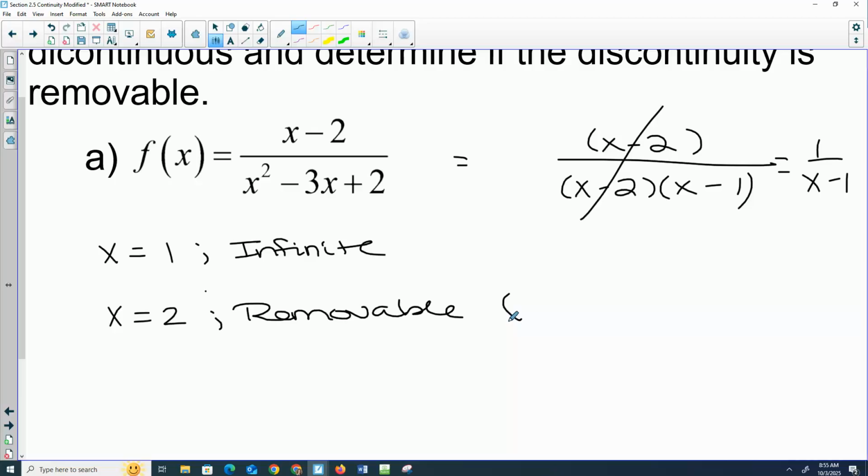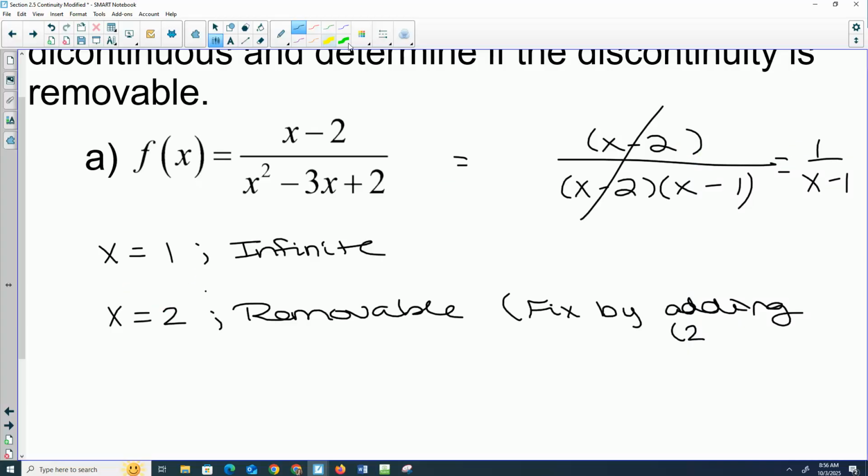Those can be fixed. If I wanted to make this continuous, the point that I would need when my x is 2, what would my y have to be to fill that in? Do you guys remember finding our holes last year? 2 is where it canceled.